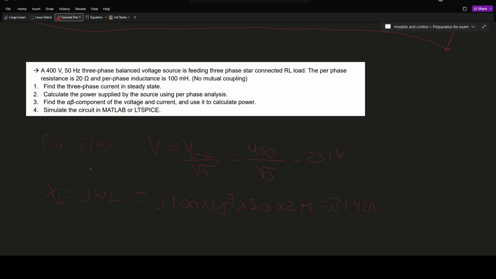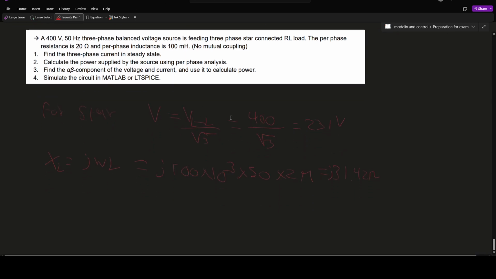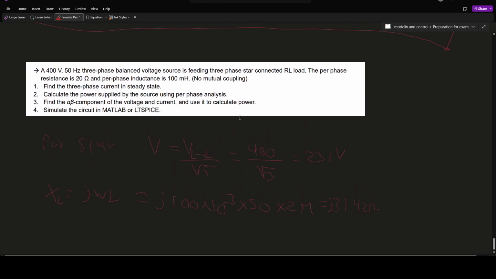Now we need to find the current. Let's say the phasor current in A. Because we are in A, we have this phase voltage with 0 degrees, and we divide by the impedance.